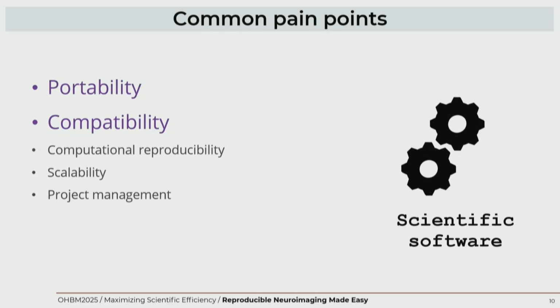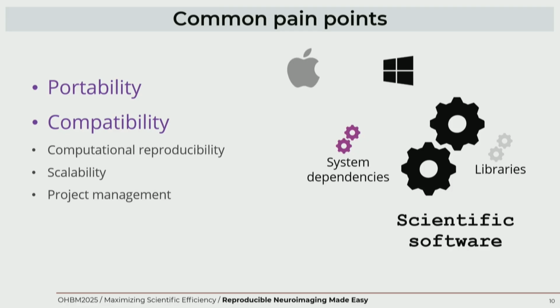Portability and compatibility are intertwined concepts which are closely related to the fact that scientific software is often not self-sufficient. It requires system tools, different libraries, which we call dependencies. And that means that it is not really straightforward to install the same software version on different machines.